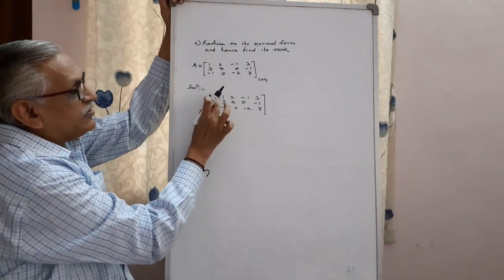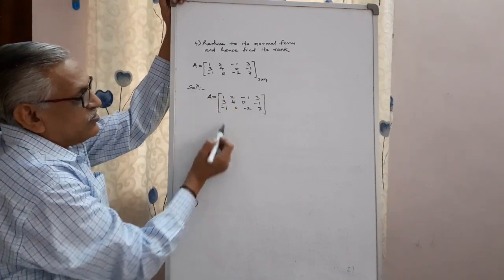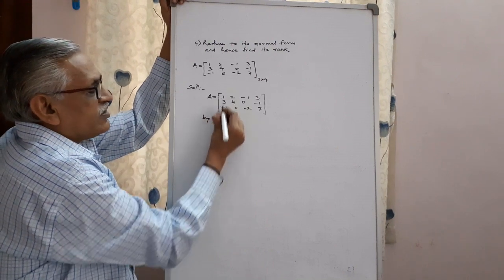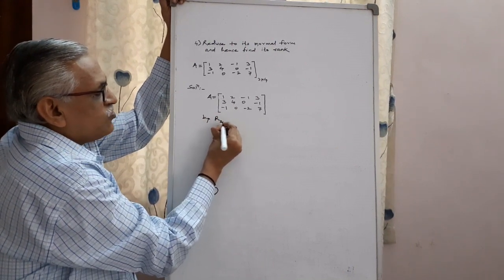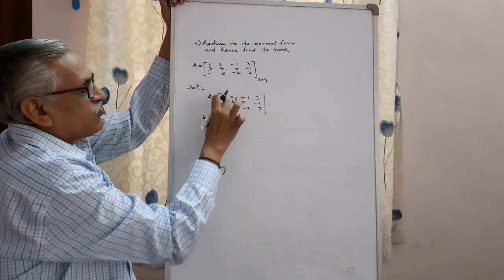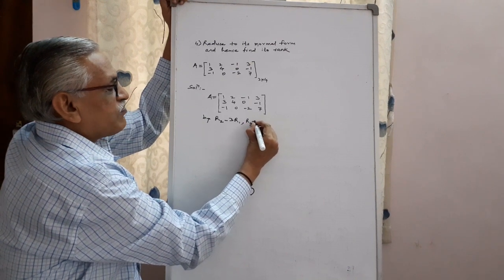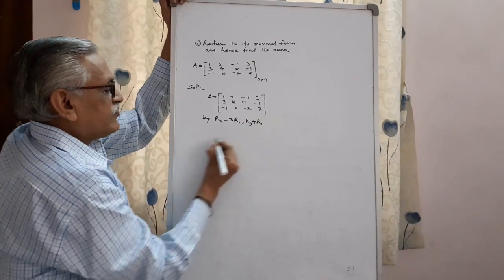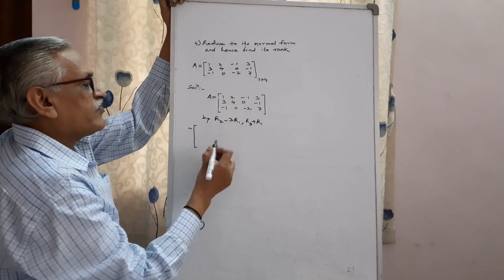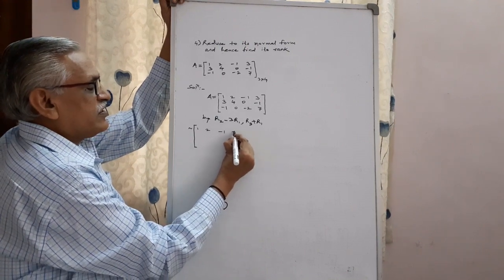Therefore, keeping this as it is, convert the remaining elements to 0 by applying row transformations: R2 minus 3 times R1, and R3 plus R1. Therefore, first row no change: 1 2 minus 1 3.